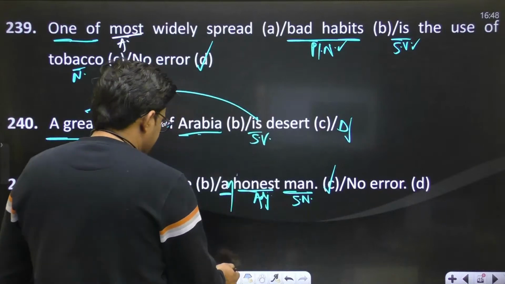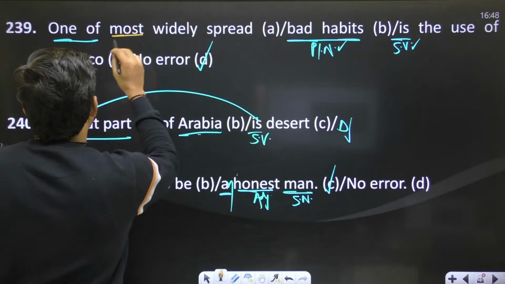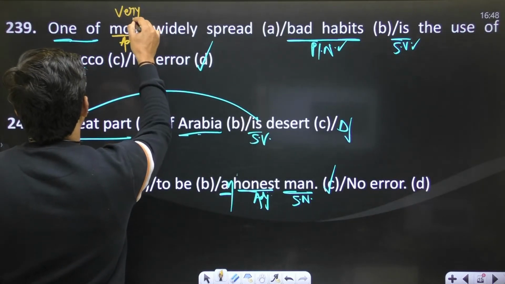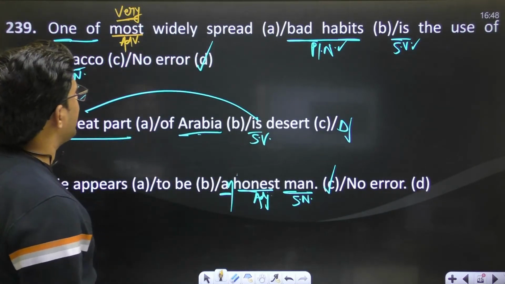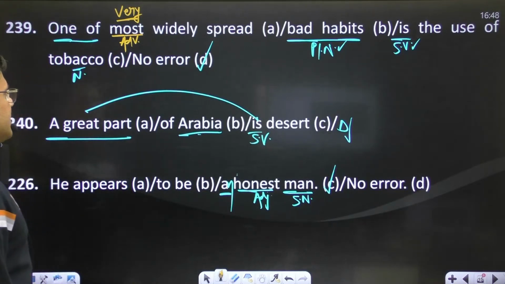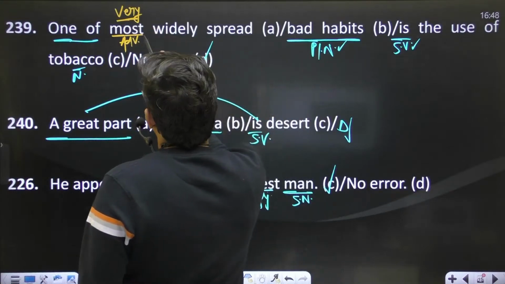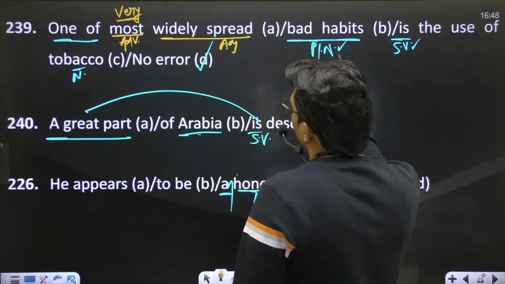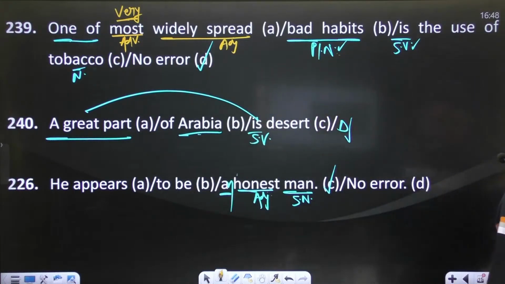Rushabh, in this sentence, this word most is not an adjective. This is an adverb, and this adverb shows the sense of very. So the sentence is one of most widely spread bad habits. This is not the superlative degree adjective. This is very, an adverb, and widely spread is an adjective, and habits is a noun. According to one of, this is a plural noun. It is something like this.